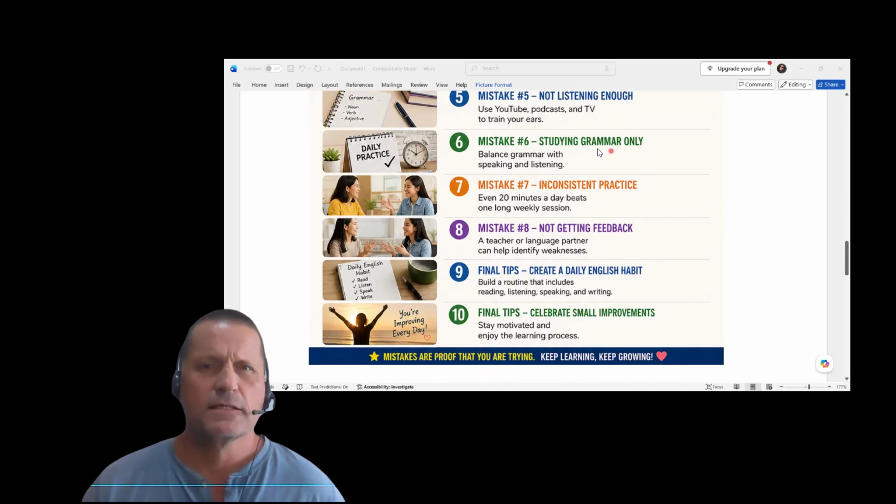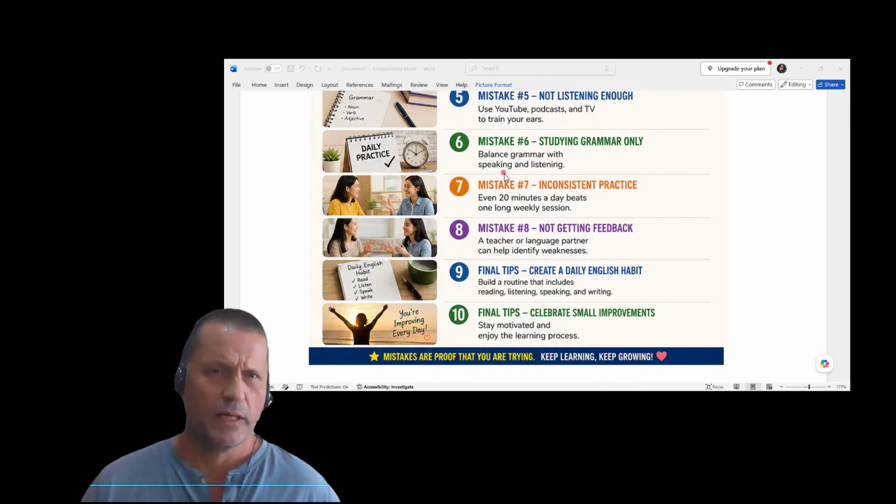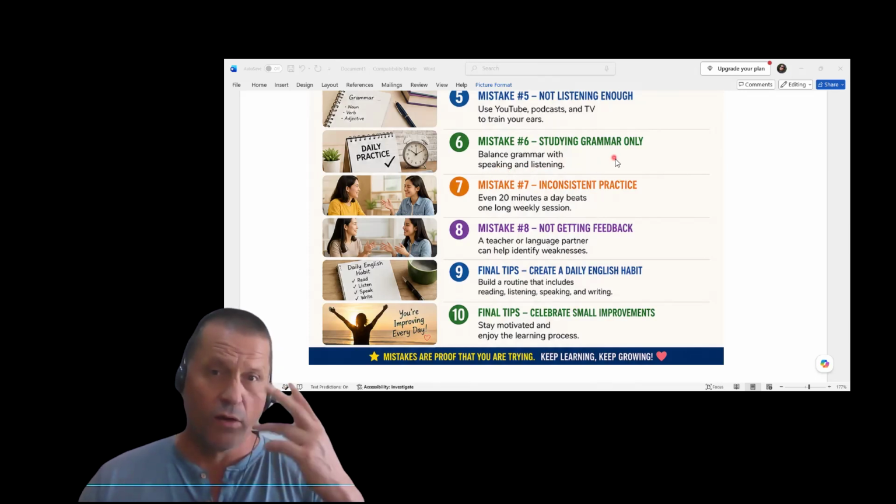Mistake number six, studying grammar only. No, grammar is just one part of it, right? The weakest skill of all four skills would be speaking, because any student has very little opportunity in general to practice output, such as speaking. They can do the other skills, such as listening and reading, on their own.